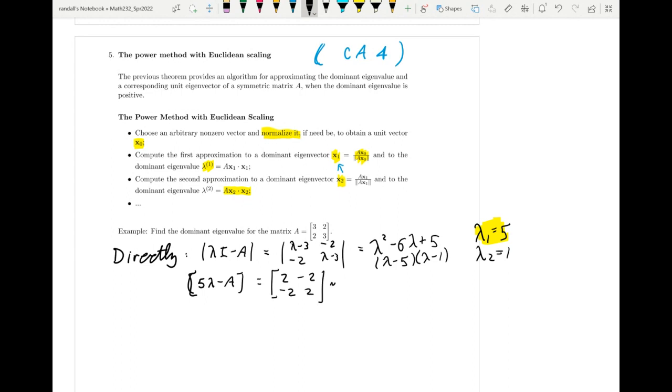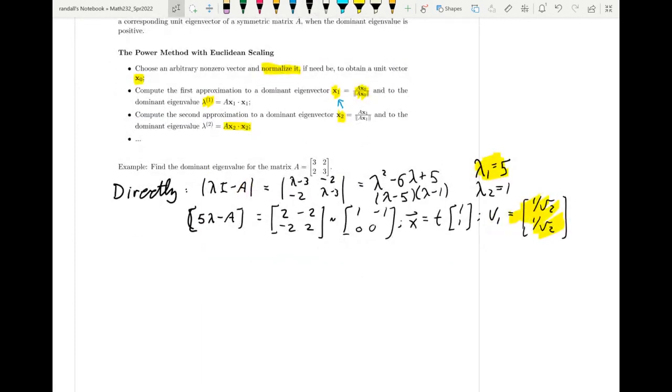So this row reduces to this matrix, and we find that x is equal to the solution set t times (1, 1). So we'll take the normalized dominant eigenvector to be (1 over root 2, 1 over root 2). So we've done the work beforehand. We've located the dominant eigenvalue and the dominant unit eigenvector.